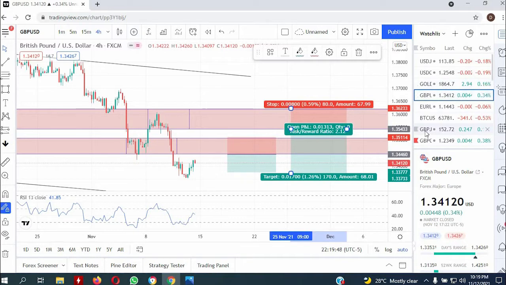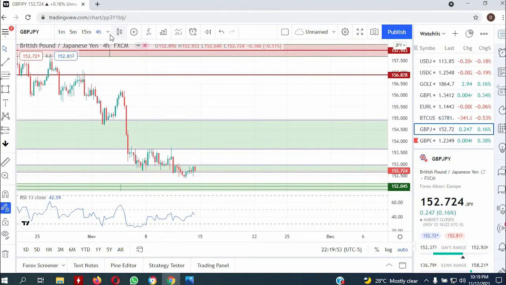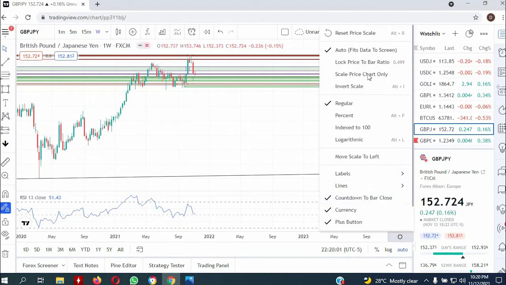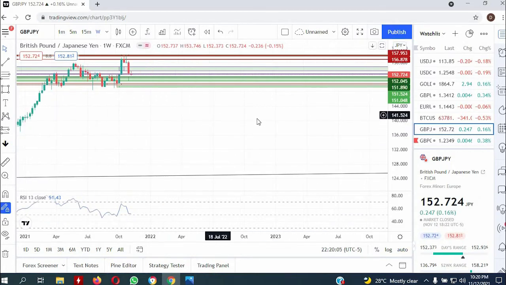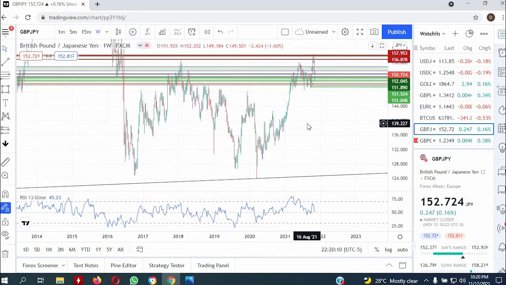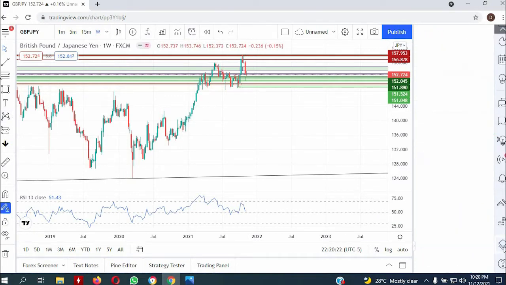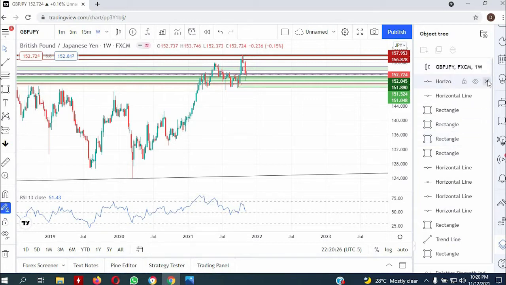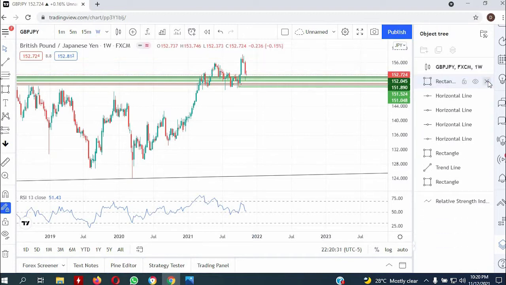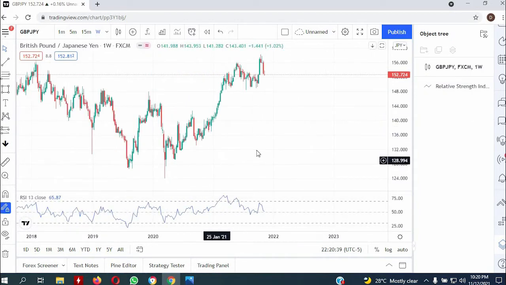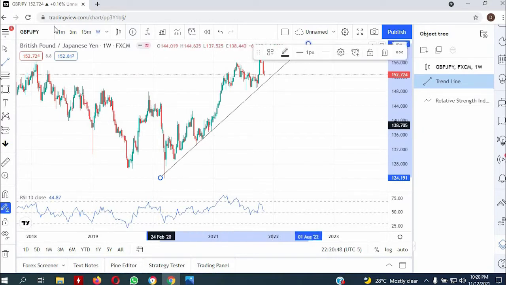So I'm going to go over to the GBP JPY. Now for the GBP JPY, I'm going to put in some trend lines just to get my bearings on the weekly time frame.